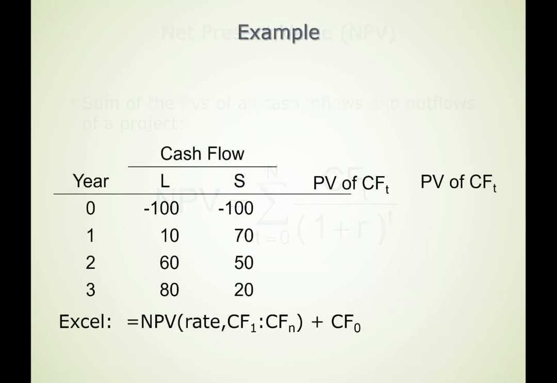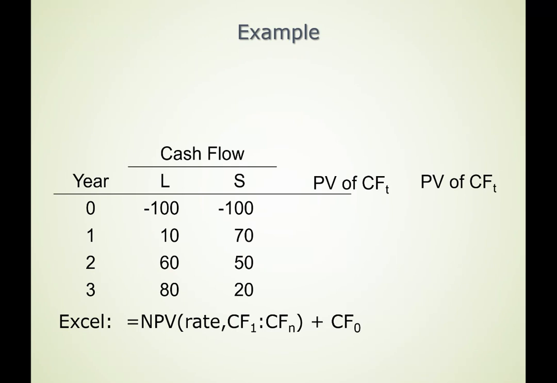I'm going to use a very simple, basic example. Let's assume you have two projects, Project L and Project S. Initially, at time zero, you had to invest some money. For the sake of this example, we're going to assume both projects call for the same investment.